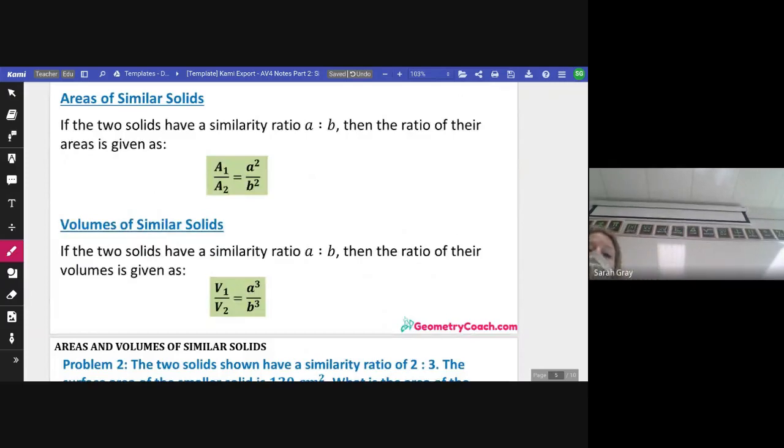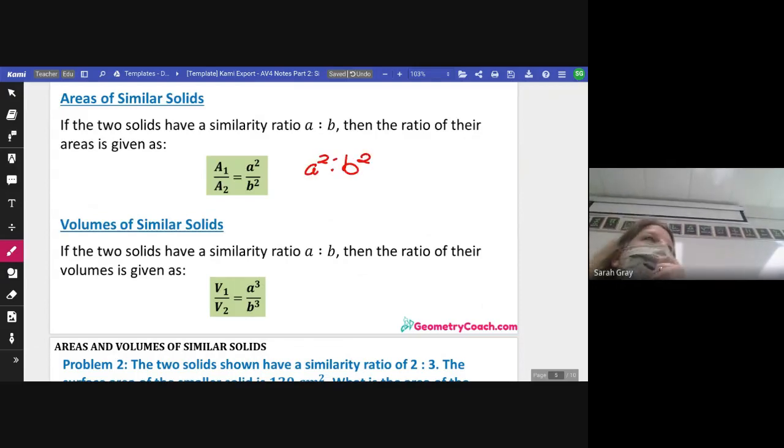If two solids are similar, all of their side ratios are the same, then the ratio of their areas is a squared to b squared, which is the same as when we were doing flat shapes. If the rectangles were similar, then their ratios were the square of the side ratios. Volume is very similar.